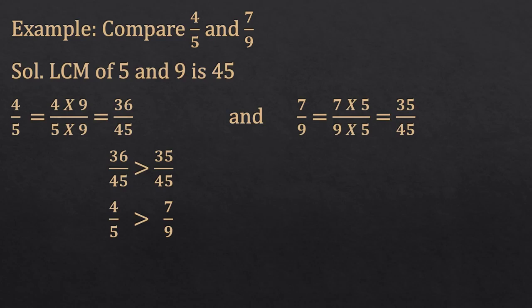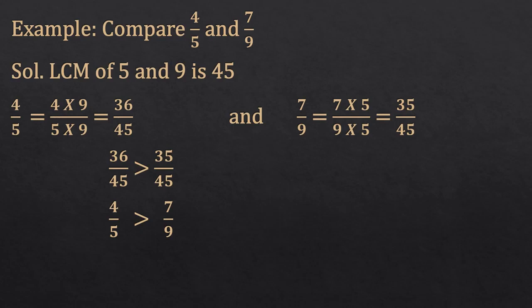Now convert the first fraction 4 upon 5 to denominator 45. 5 nines are 45. We are multiplying the denominator here by 9, so we will multiply the numerator also by 9. 4 nines are 36. So 36 upon 45 is the equivalent fraction of 4 upon 5.